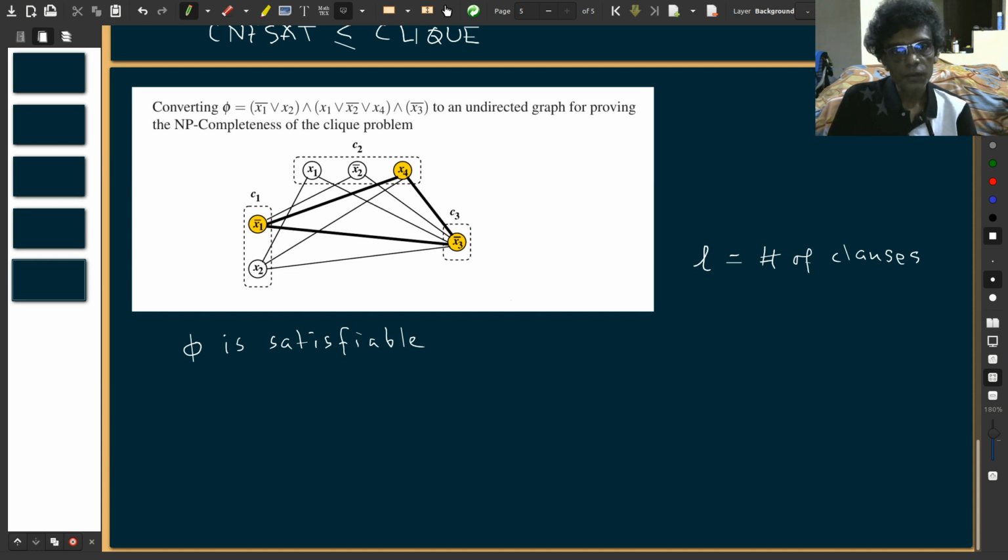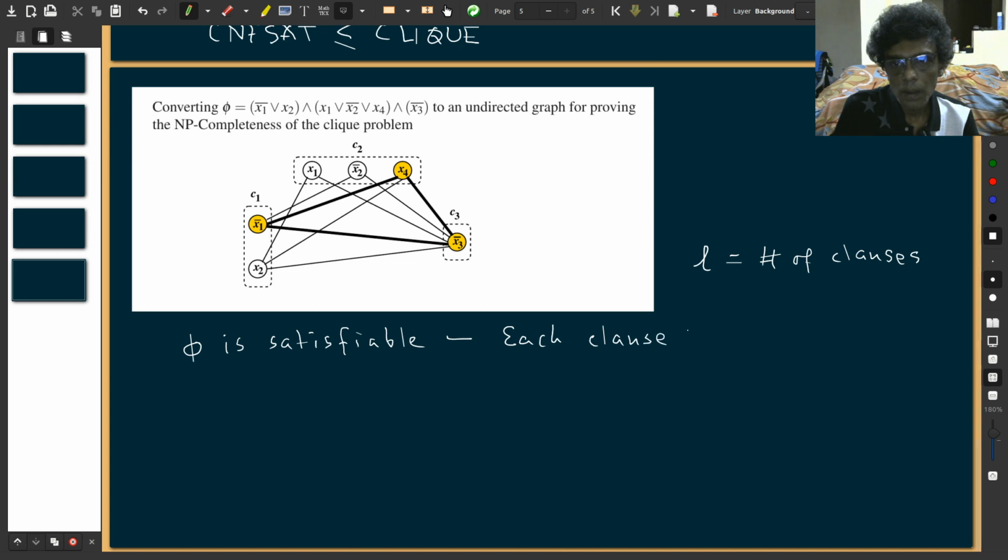Okay, so that means each clause has a true literal, right? Pick any one of these arbitrarily. For example, here for clause 1 I have chosen x1 complement. So maybe this is a satisfying assignment.